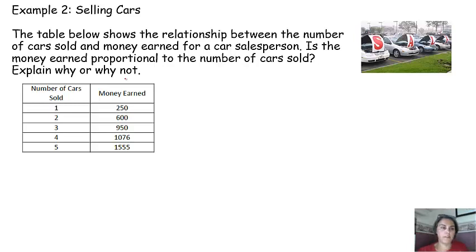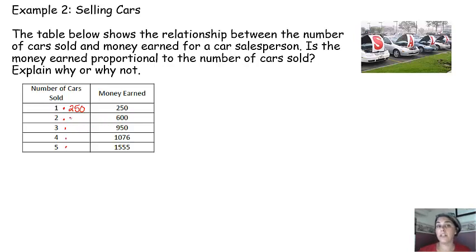All right, hopefully you paused the video. So if this relationship is proportional, we should have some constant value that we can multiply the number of cars sold by to get the corresponding money earned. Well, there's a 1 in the table, so it's pretty straightforward. 1 times what is 250? Well, 1 times 250 is 250. If 2 times 250 is 600, this might be proportional. Let's try the 2.